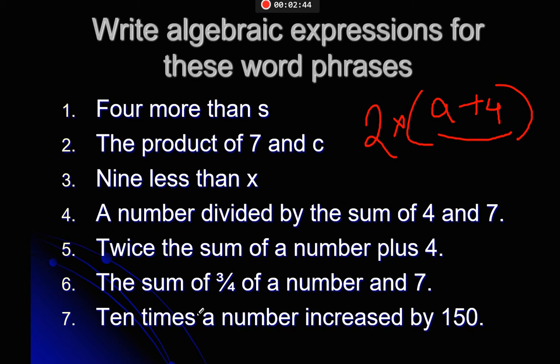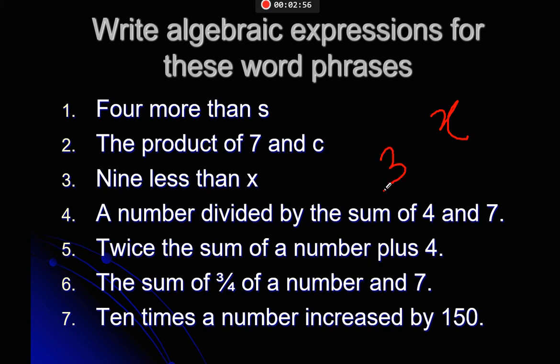Then the next sum, number 6. The sum of 3/4 of a number and 7. Let us consider any number, let's say x. 3/4 of that number is 3 by 4 times x. 3 by 4 is a part of that number x.